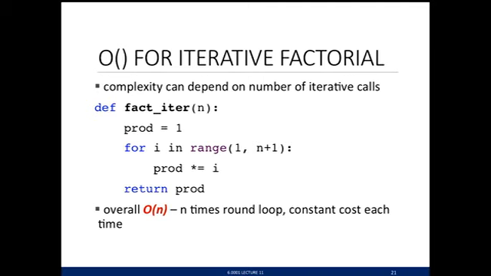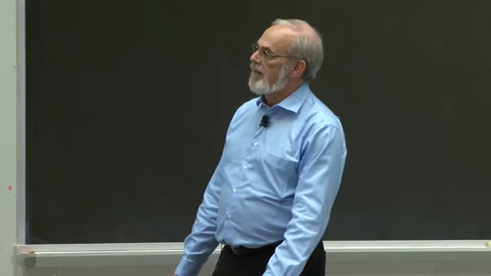I set product to 1, I go through a loop where i goes from 1 up to just below n, incrementally multiplying product by i and storing that back away. Again, how many times do I go through this loop? I go through it n times. The cost inside the loop: there are 3 steps. Changing i, multiplying product times i, storing that value back in product. And as we saw, that constant doesn't matter. This is linear. So n times around the loop, constant cost each time, order n.